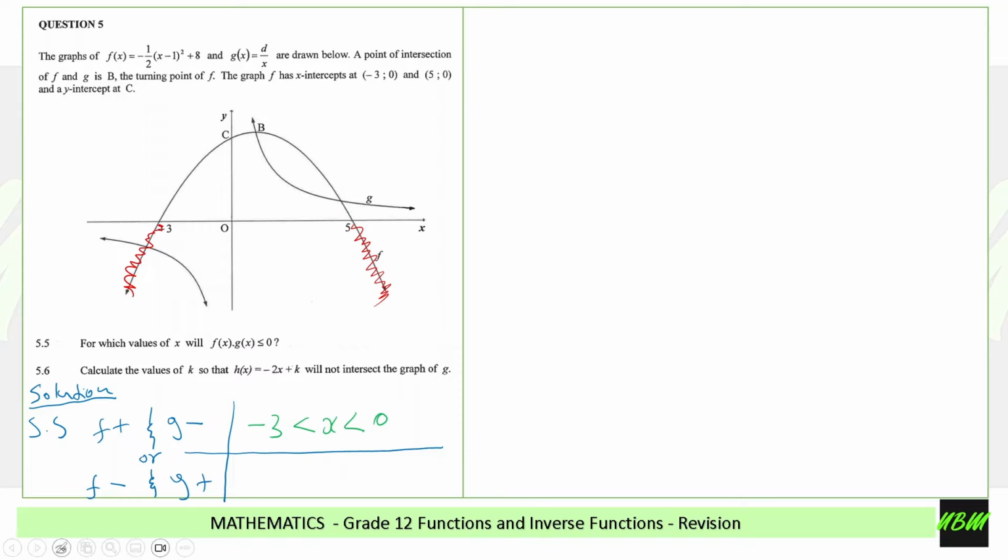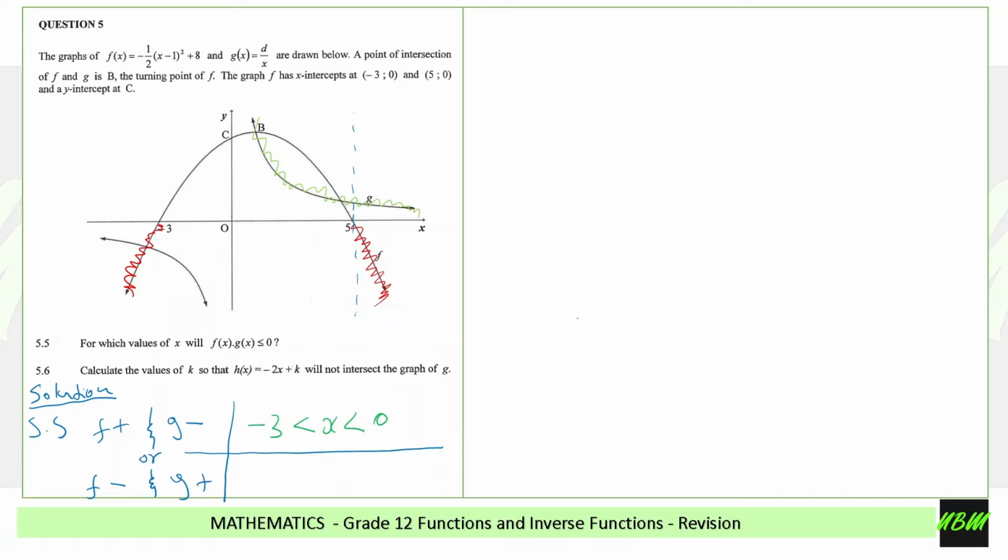So we can have our border here so that we can see clearly, and let us indicate the part of the graph of g that is positive.